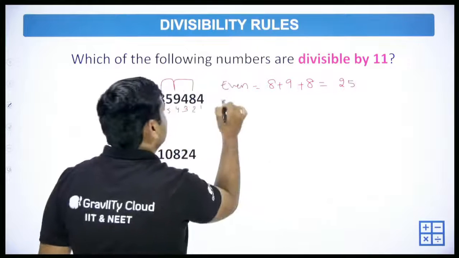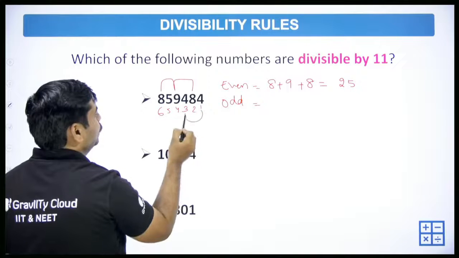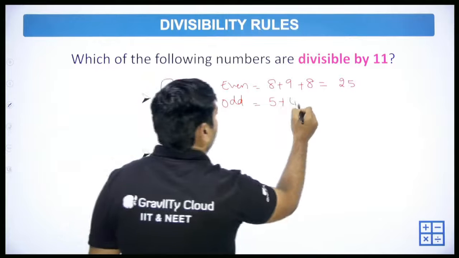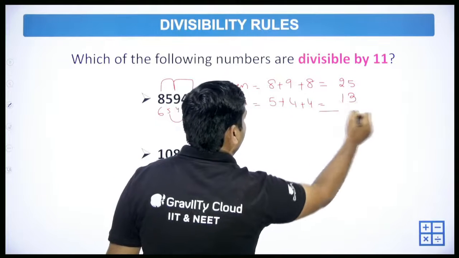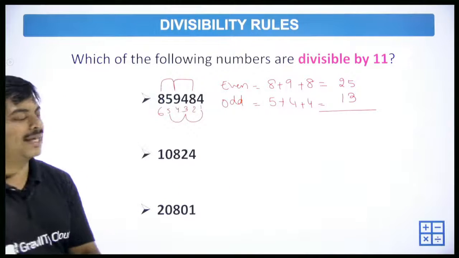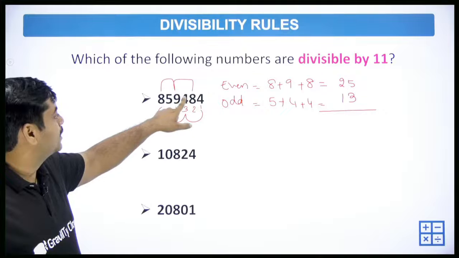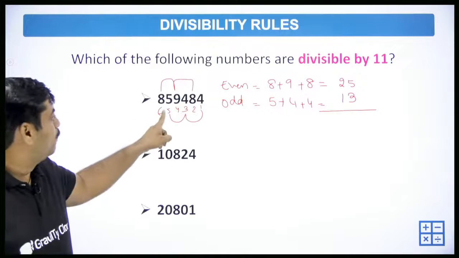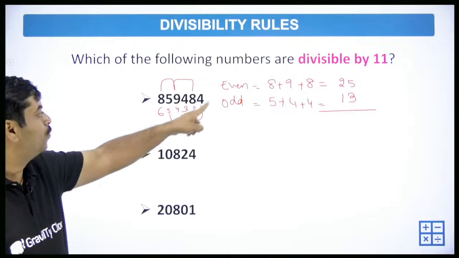All the odd digit places: 1, 3 and 5. 5 plus 4 plus 4. 5 plus 4 is 9. 9 plus 4 is 13. So if you find the difference of these two. Once again, 8 plus 9, 17. 17 plus 8, 25, correct? 5 plus 4, 9. 9 plus 4 is 13.